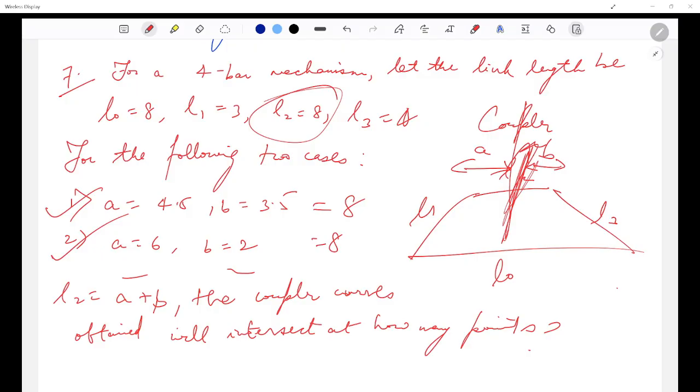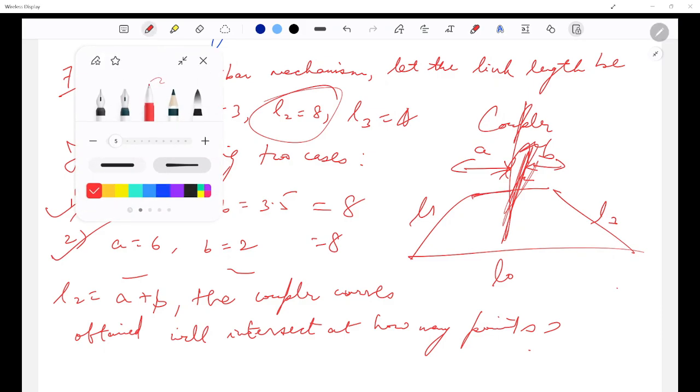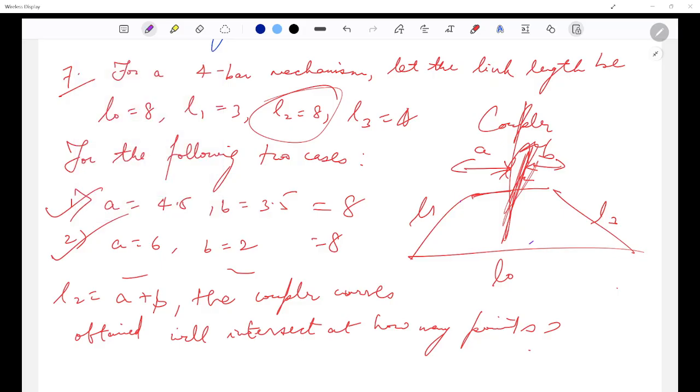Where we are dividing it, that only changes. For a 4-bar, the coupler curve you might have seen in the lecture, it was very evident there. If you remember, you can tell me.